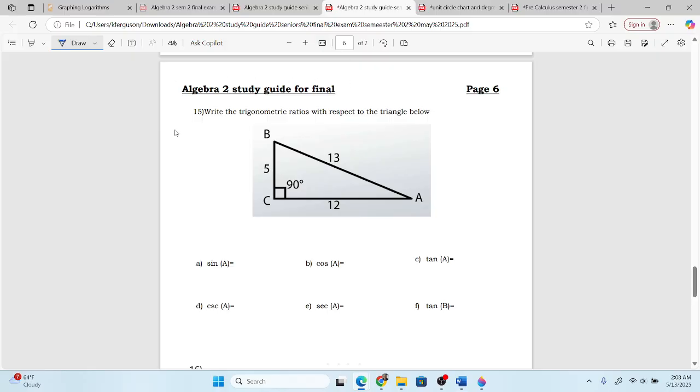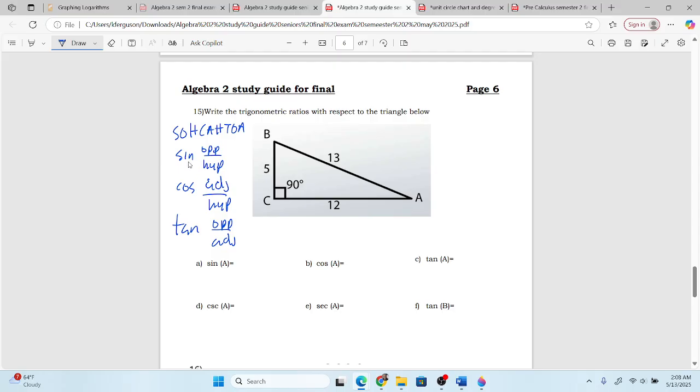Okay, SOHCAHTOA. Sine is opposite over hypotenuse. Cosine is adjacent over hypotenuse. Tangent is opposite over adjacent. And then the other three are just reciprocals of that.